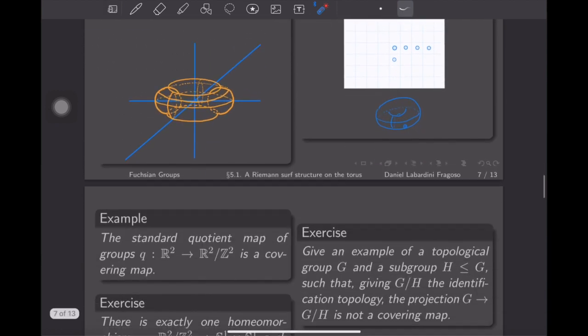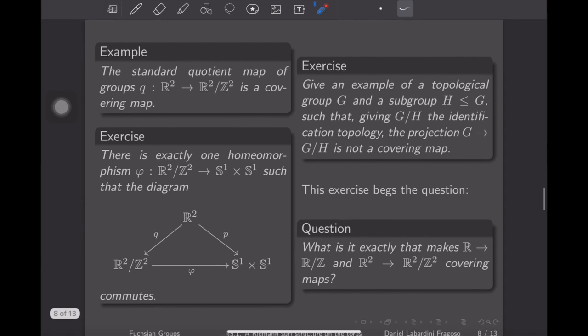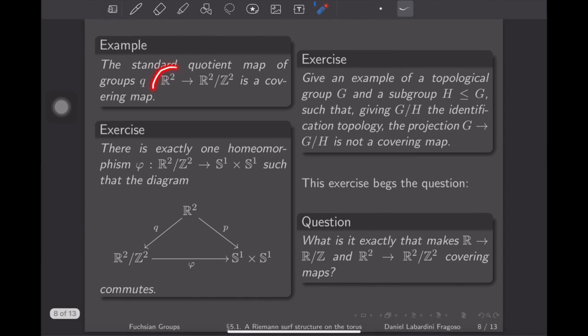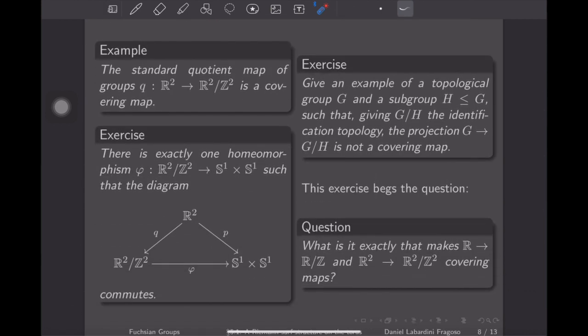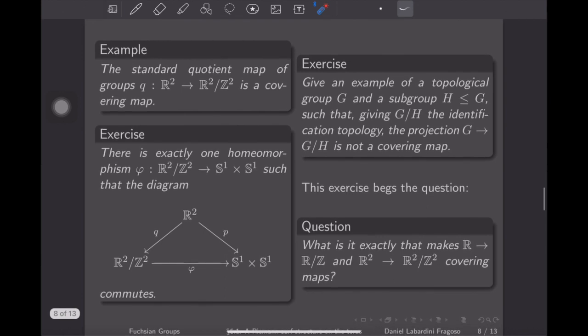Okay, and then the algebraic counterpart, which is when in R2 I just mod out by the subgroup Z squared, and it's a covering map. And again, just as in the one-dimensional example, the two covering maps, let's say the geometric one, or the one that arose from the exponential or from geometry or whatever, and the one that arises just algebraically, are essentially the same.